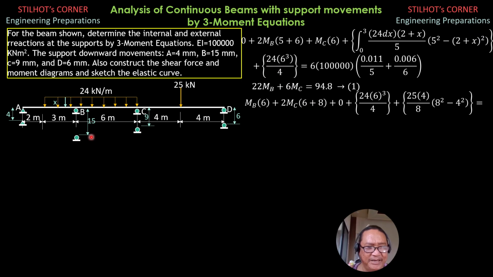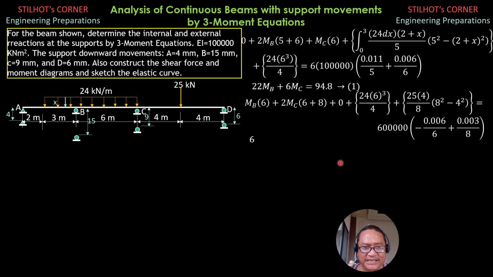So B is below by 6 mm. So that's why it is treated negative 0.006 divided by 6. Then D is above C by 3 mm. So plus 0.003 divided by 8. So 600,000 quantity negative 0.006 over 6 plus 0.003 over 8.